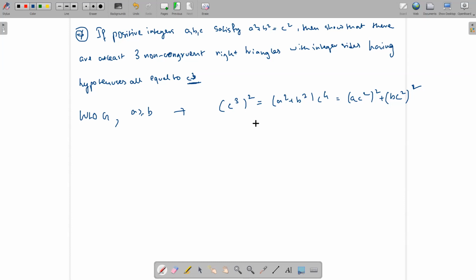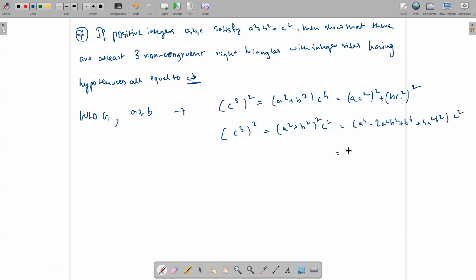So one more construction can be this. I'll show you the constructions first, and then I'll come to why this is helping. So the second construction can be made like this. This is basically a to the power 4 minus 2a squared b squared plus b to the power of 4, plus 4a squared b squared times c squared, right?